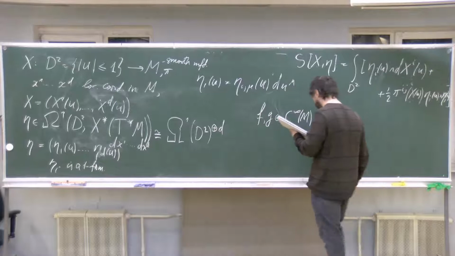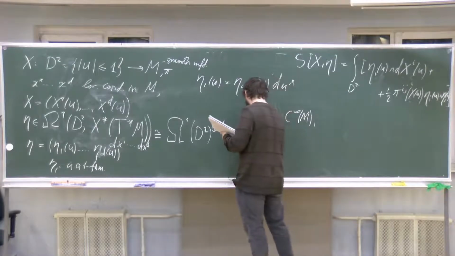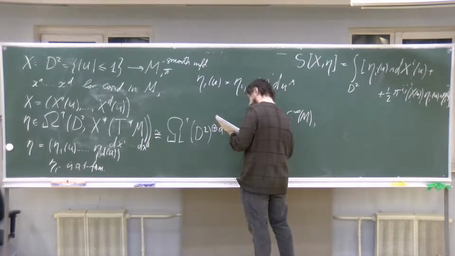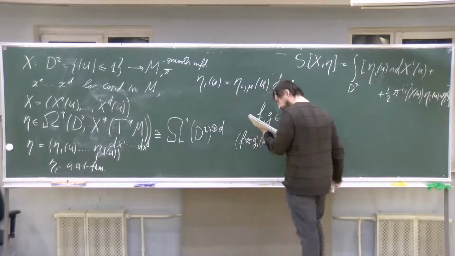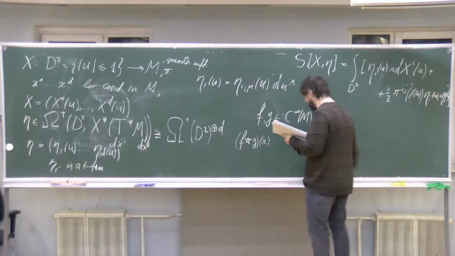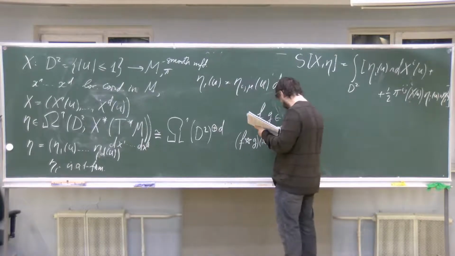And then you define the star product of f and g as a function which at point x takes the following value.